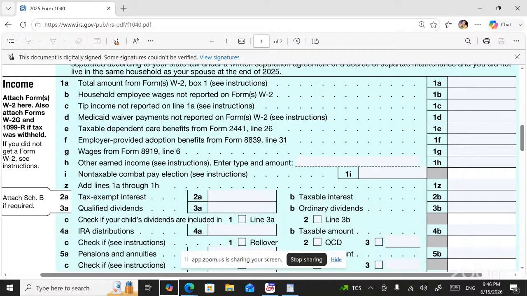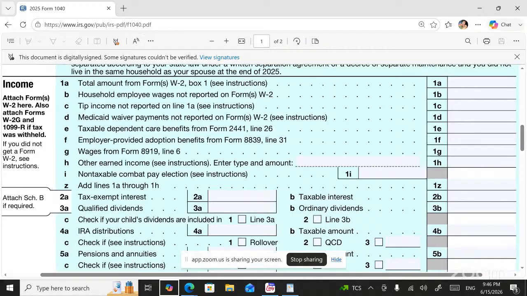Sometimes customers pay tip income directly to the server. That amount will not reach the restaurant owner. That is the reason the restaurant owner does not include the tip income in the W2 form.